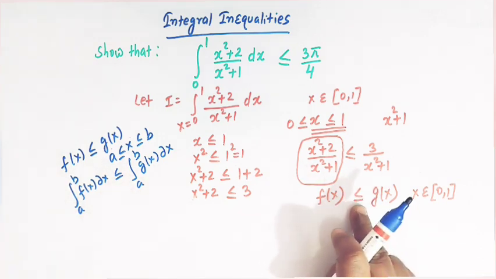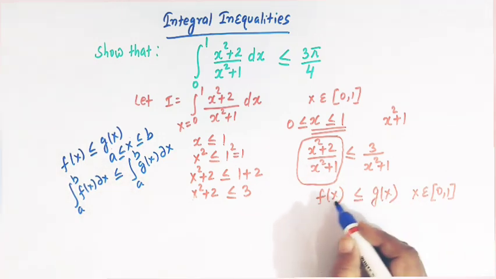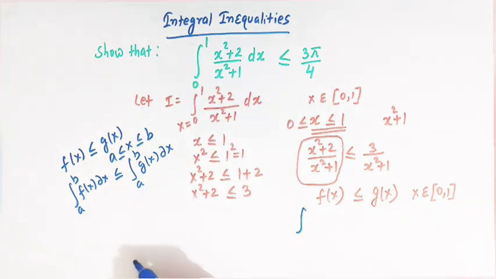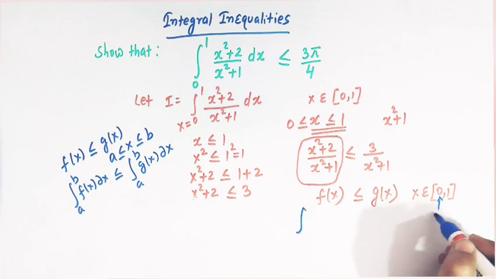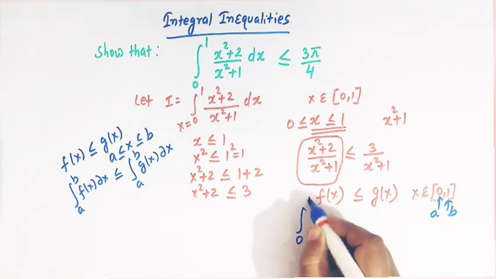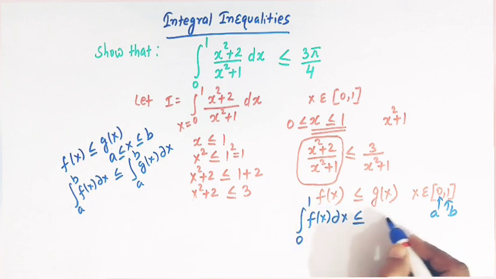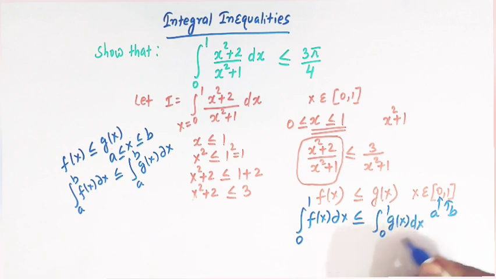So f of x is less than or equal to g of x; let us integrate both sides from 0 to 1, where 0 is a and 1 is b. So the integral from 0 to 1 of f of x dx is less than or equal to the integral from 0 to 1 of g of x dx.